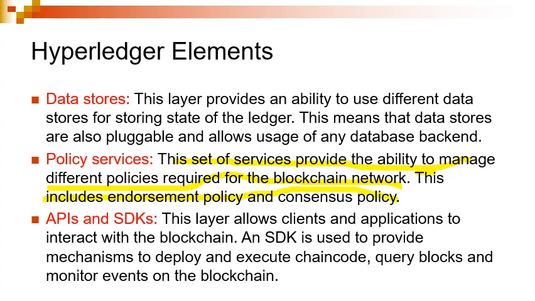Then APIs and SDKs: this layer allows the clients and applications to interact with the blockchain. We can interact with the blockchain with the APIs and interface, and the SDK is used to provide a mechanism to deploy and execute the chain code. Chain code provides a smart contract service, and we can also query blocks and monitor events on the blockchain. So these are the different layers of the Hyperledger structure.